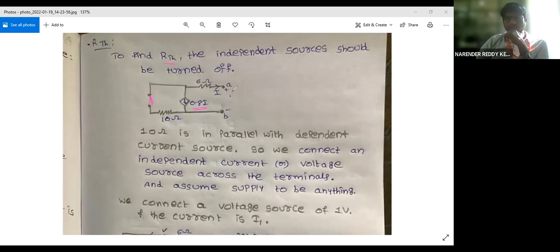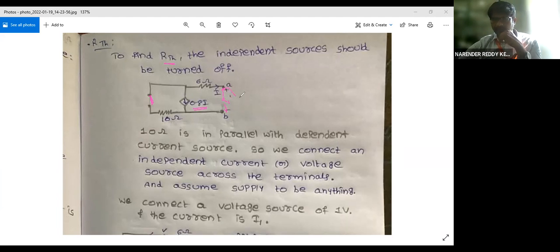So what should be done now? How can you find the equivalent resistance here? The only method we have is to assume some source to be present across A and B, because all we want is the value of the equivalent resistance, RAB.